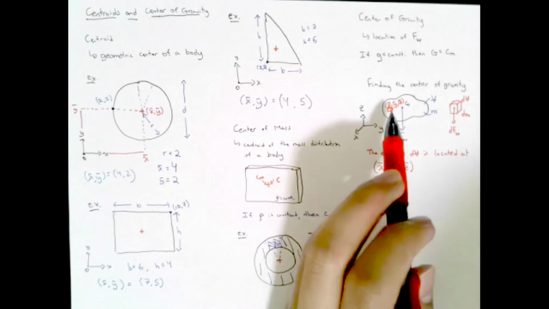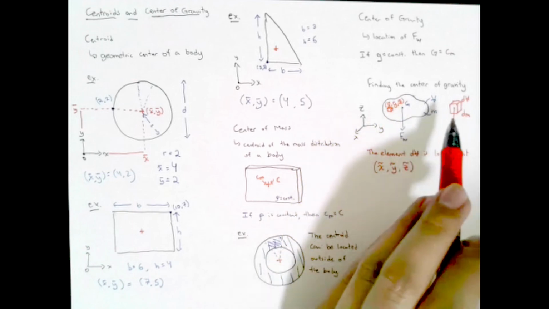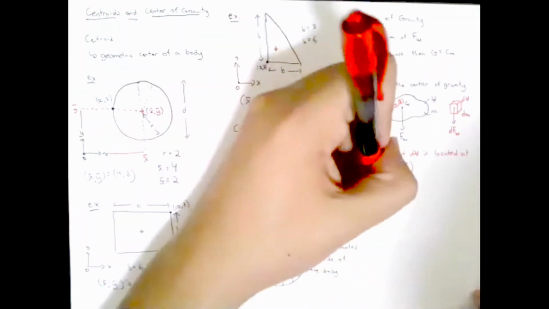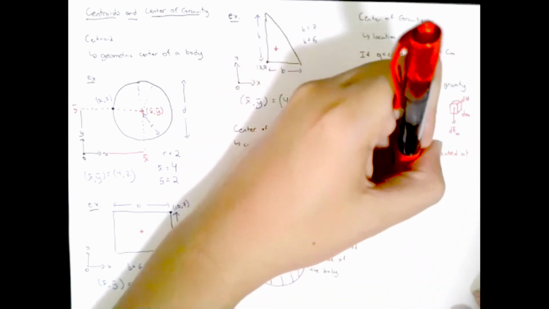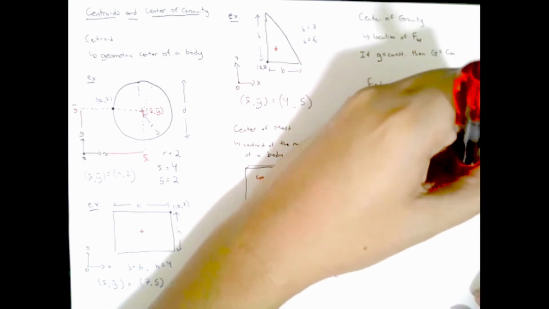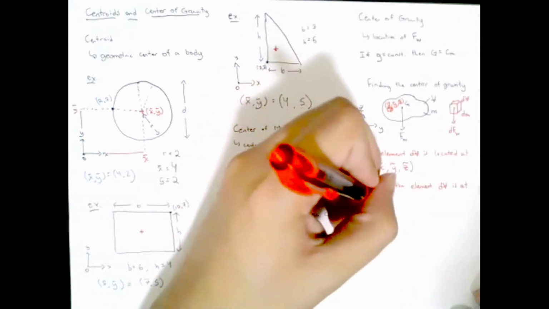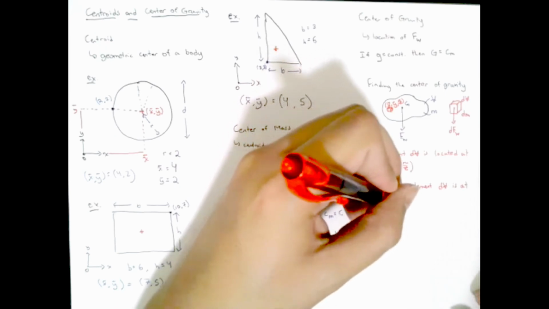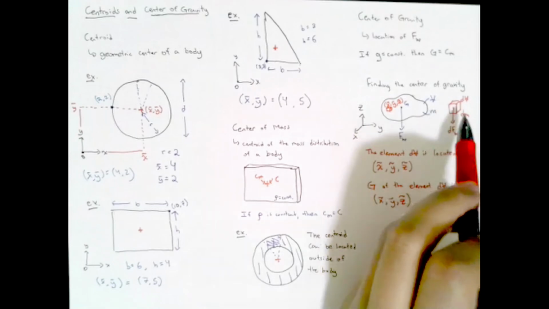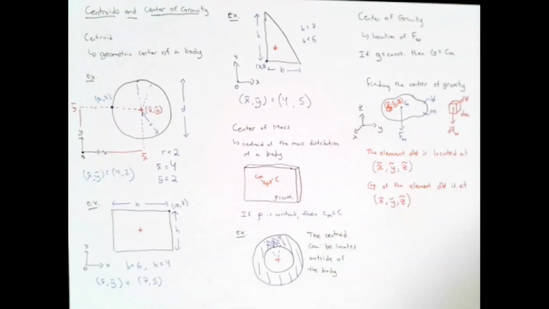If the element is located at x squiggly, y squiggly, z squiggly, and it's so tiny that it's almost like a point, then the center of gravity of the element, which I'll call G, is located at the same coordinates, x squiggly, y squiggly, z squiggly, because it's so tiny that the center of gravity is simply at the coordinates where the element is. We don't need to look for any other relationships.